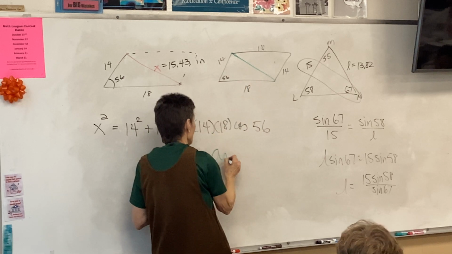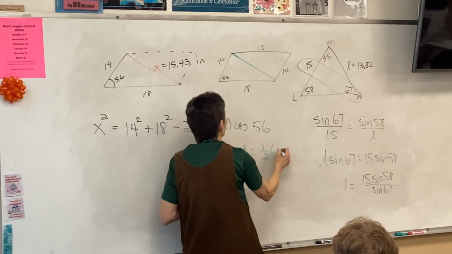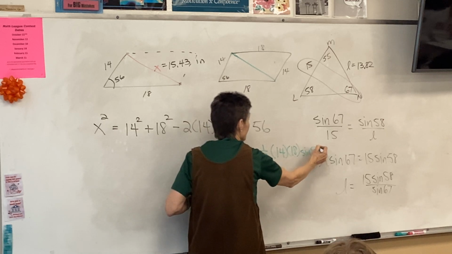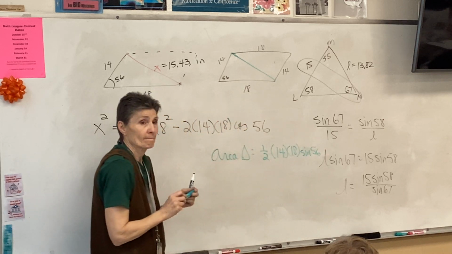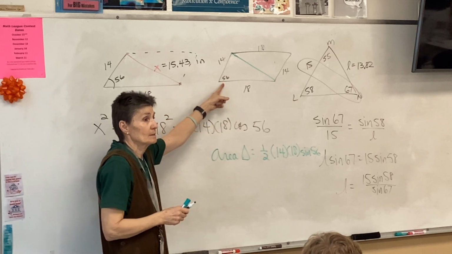How would I find the area of that triangle? 1/2, 14, 18, sine 56. 1/2 side, side, sine.